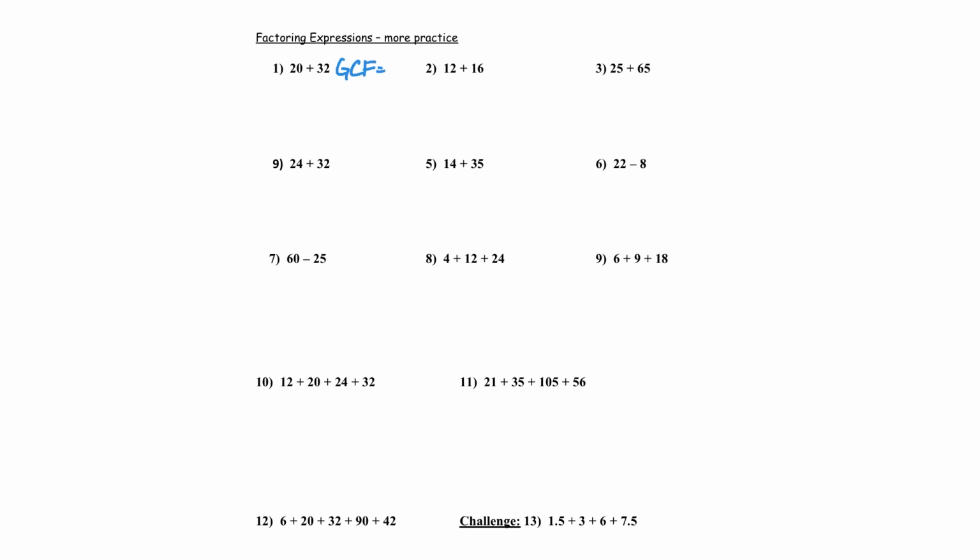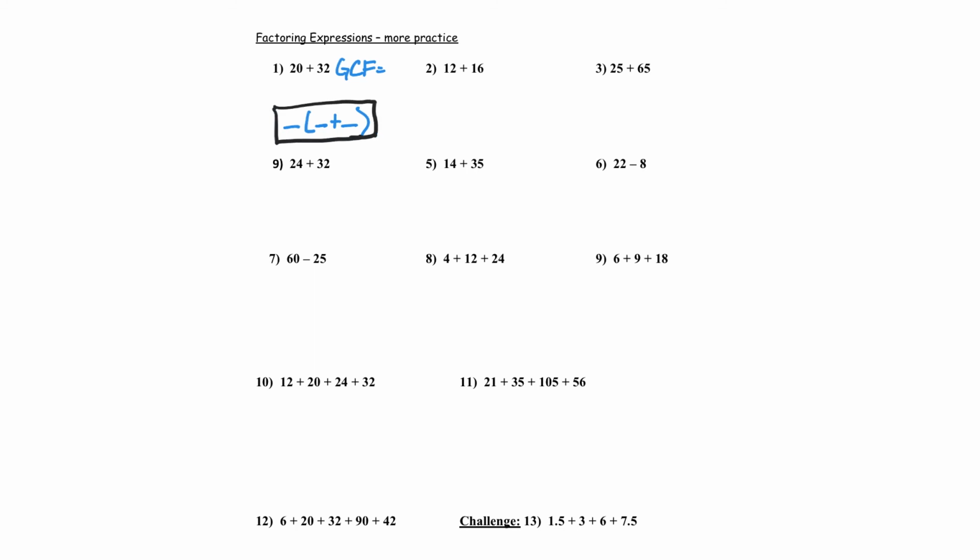And then you're going to do the same thing we just did on the previous page. Once you find the GCF, you're going to set it up. And your final answer is going to be for each one a reverse distributive property. So at the end of each problem, you should wind up with numbers that fill in these spaces.